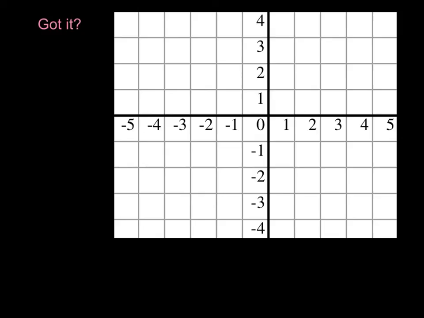In the Got It problem, I want you first to graph a triangle TEX. We're going to set T as negative 5, 2.